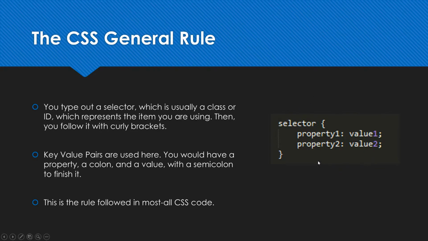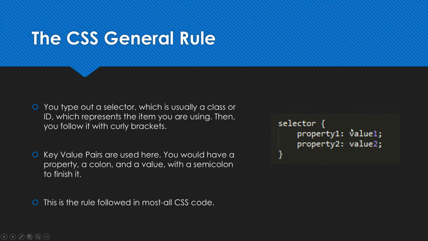Again, we're going to be going over all of these different properties and values later. You just need to know how it's structured. After that, you put a semicolon. Make sure you have the semicolon. It is necessary. And you can put pretty much as many properties as you want. And that's pretty much it. It's very simple. And once you have this structure down and in your mind, everything will become so much easier.